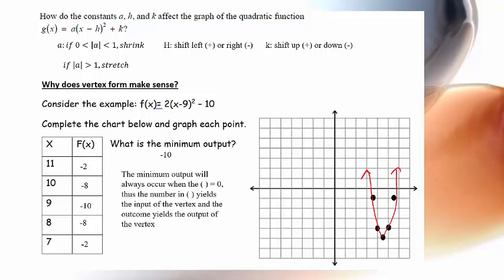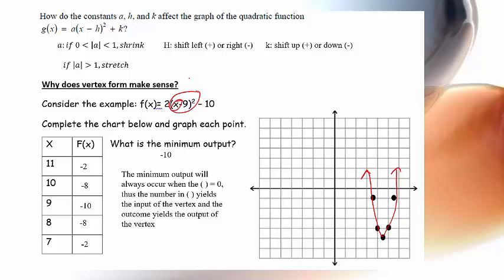So what that means is your minimum output is always going to occur when your parentheses equal 0. So when your parentheses are 0, that's how you're going to get the minimum number. Why is that the case? Because no matter what you plug in for x, you're always going to end up getting a positive outcome. So if you plug negative 100 in, you're going to square it. It's going to become positive.